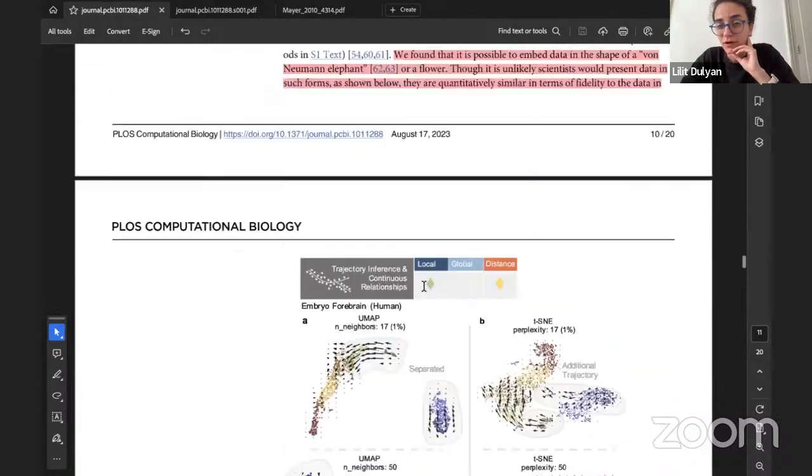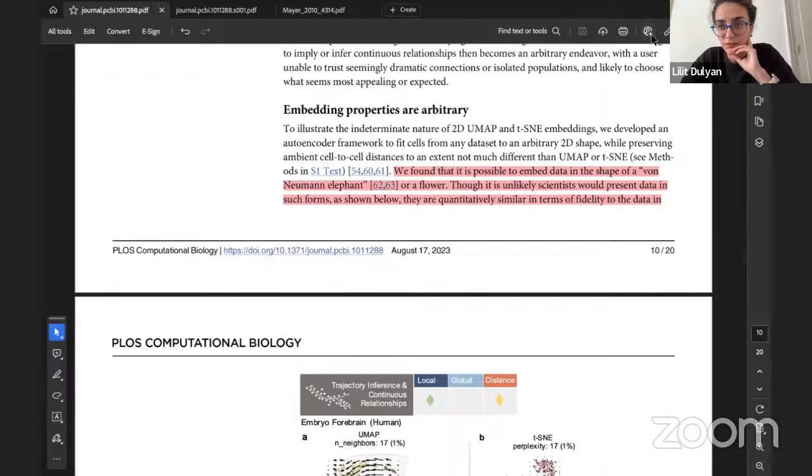Basically, they developed an autoencoder framework to fit cells from any dataset to an arbitrary 2D shape. So the picture can be an elephant, it can also be in the form of a flower, but qualitatively, it will perform in the same way as UMAP, t-SNE, or PCA.